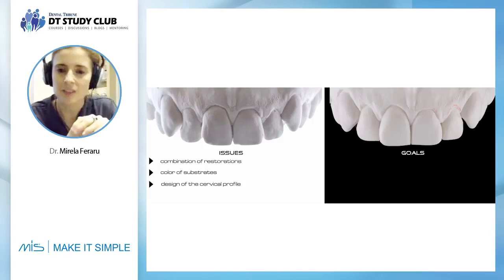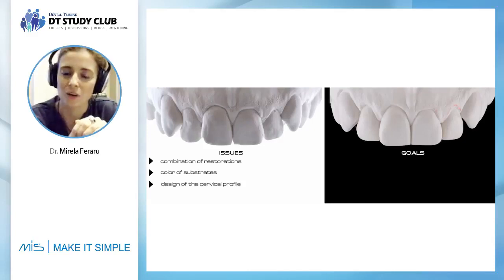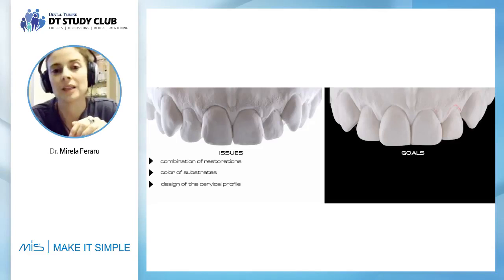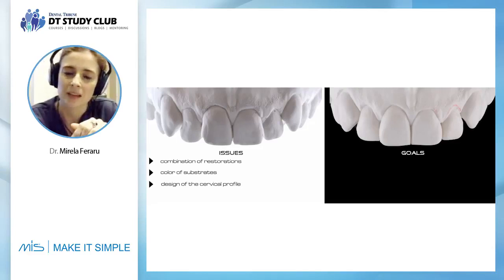And the first thing that we have on our to-do list is to follow, first of all, the expectations of our patient. And he was pretty straightforward when he told us, well, I would like to improve the overall appearance, but I don't really want to change anything in my smile.